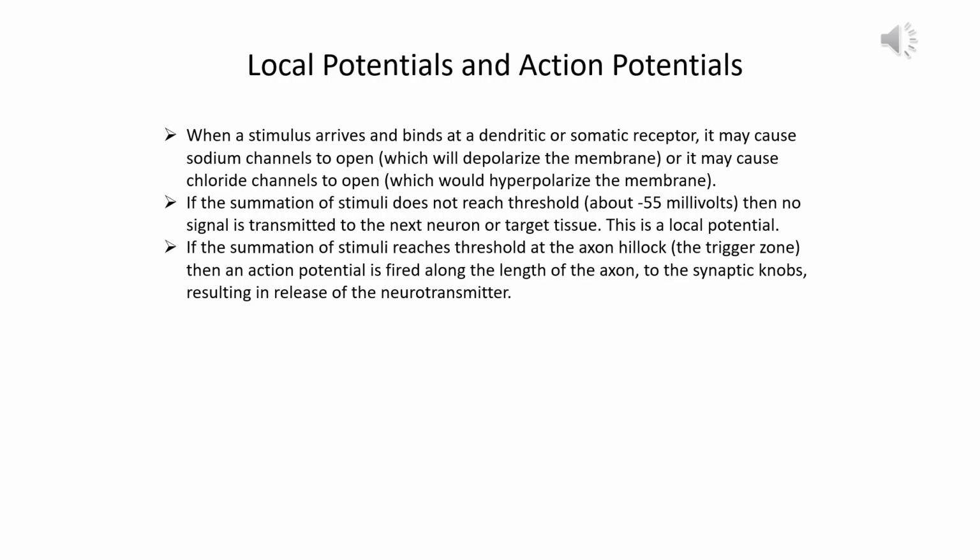So we know then that a stimulus causes, or is the manifestation of, an influx of sodium into the cell so that the membrane depolarizes. Well, that's what we're talking about, whether it be light shining on the retina or someone poking a pencil in your leg.